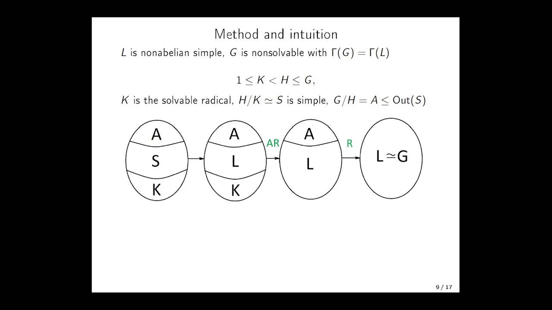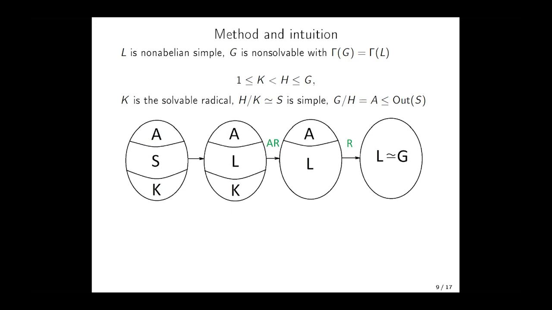The first step of this method is that we show that S is isomorphic to L. The second step is proving that the solvable radical is trivial. Of course, these two steps are independent of each other, but I just put them in that way.